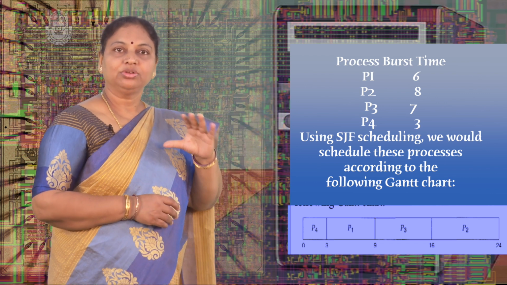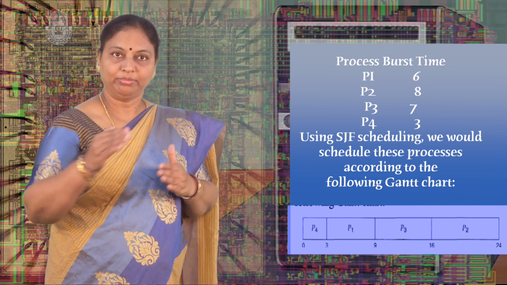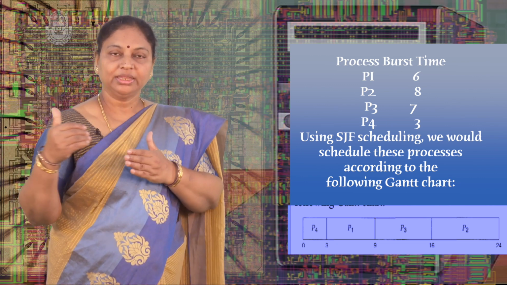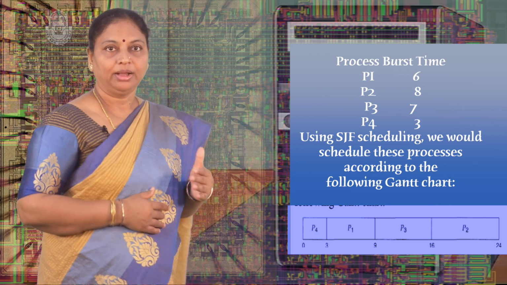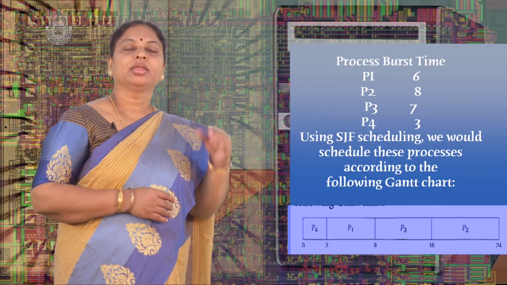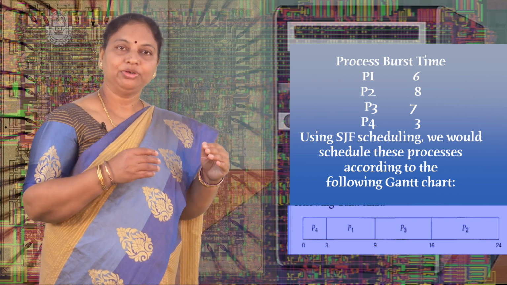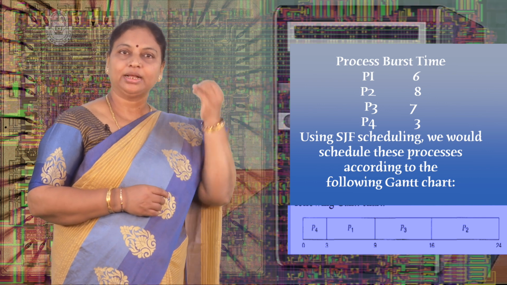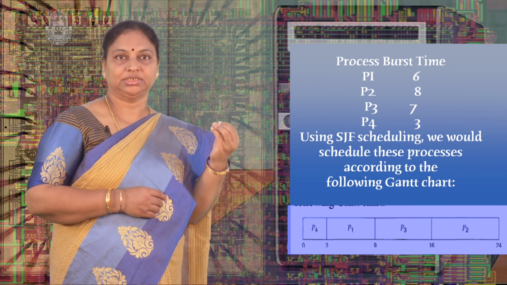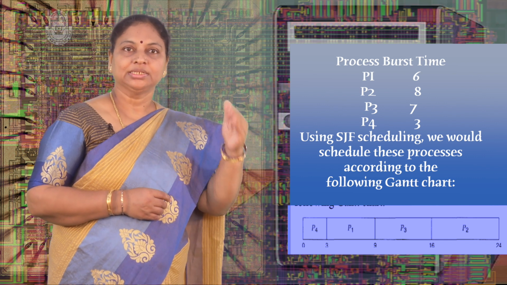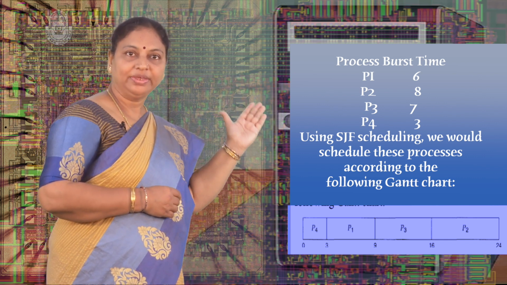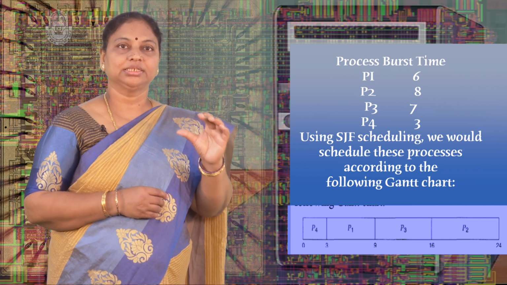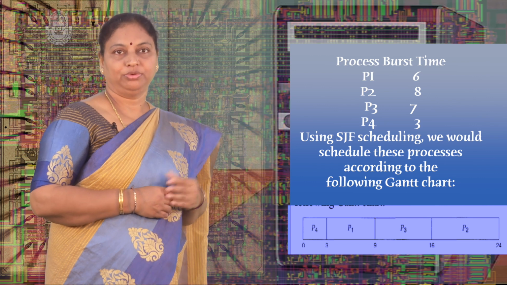So here, even though they have entered the system one by one, P1, next P2, P3, P4, we are not serving them in their order of appearance in the system. We will compare the CPU burst time of all these 4 processes, and we will take up the shortest one first. So when we are doing this, we know P4 is having the least CPU burst time. So first we are allocating CPU to P4 process.